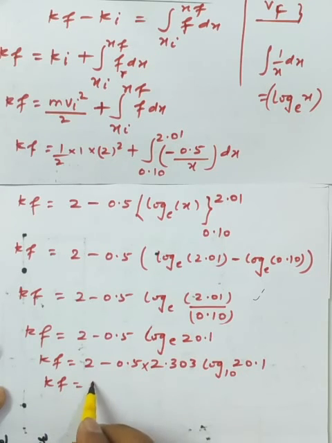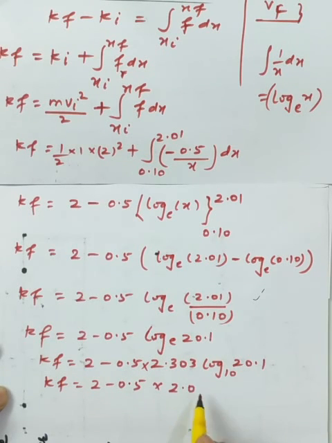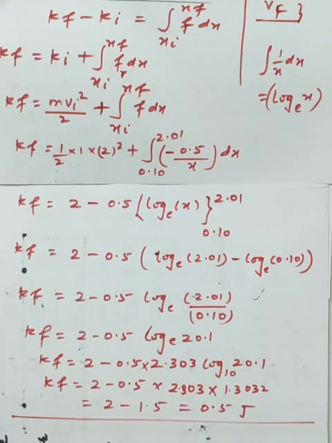So completing the solution, we get 2 minus 0.5 into 2.303, and the log of 20.1 we calculate from the log table, which gives 1.3032. So it comes to 2 minus 1.5. The K final which we get is 0.5 joule. So that's the first answer we have.